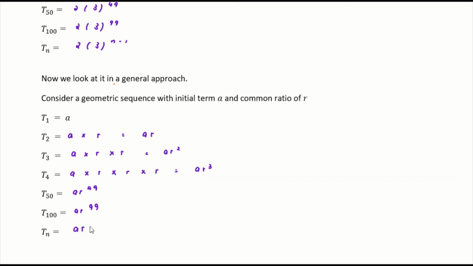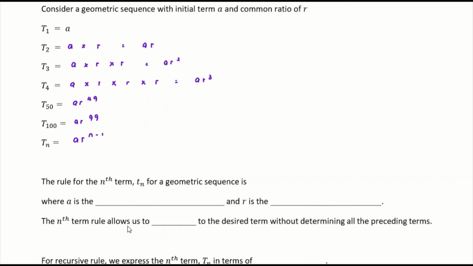Then after that, what's the power that I need to put here? It's one number less than the term, the n that you want to find. So in this case it is n minus 1. So what is the general rule for our geometric sequence in terms of n? It will be Tn equals AR to the power of n minus 1.